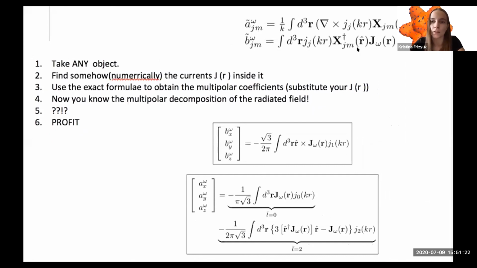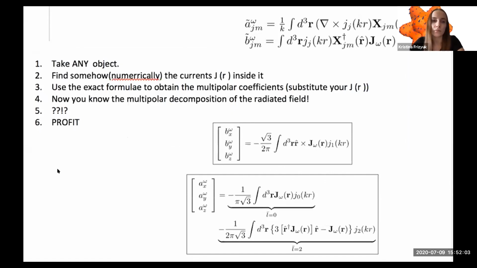It contains vector spherical functions here, and in some cases you can also use this formula, but these two are just two different forms of one thing, and the difference can only be in some constant here. And a basic algorithm to solve any task you have is the following. You can take any object, a sphere, a cylinder, a nanoparticle of any shape.